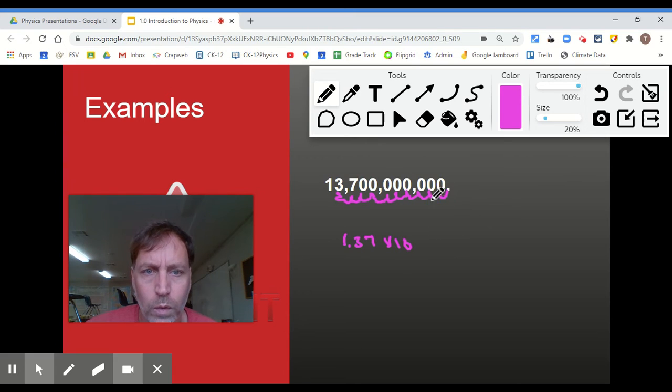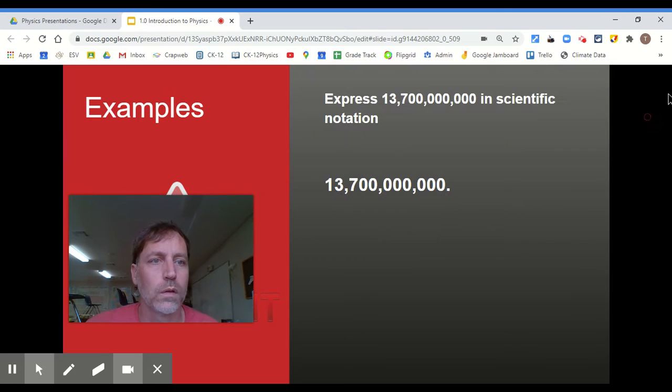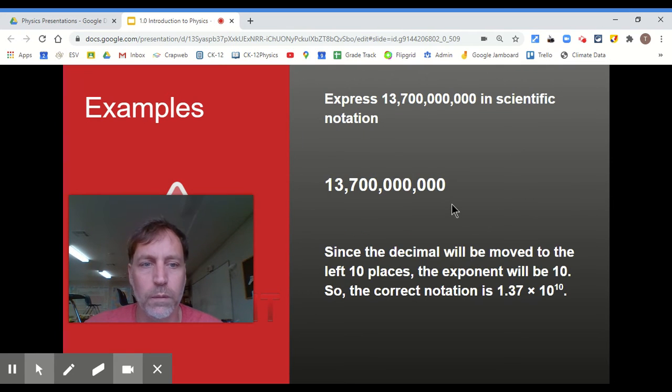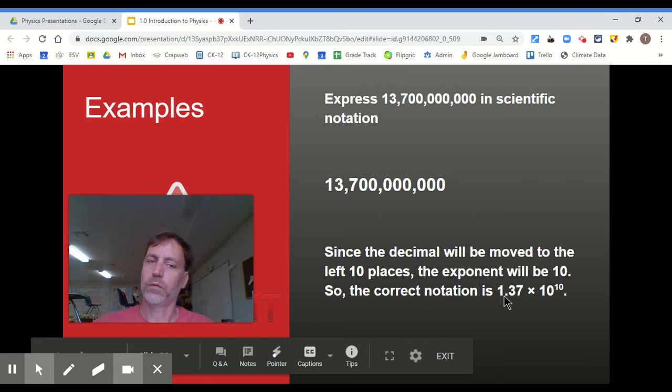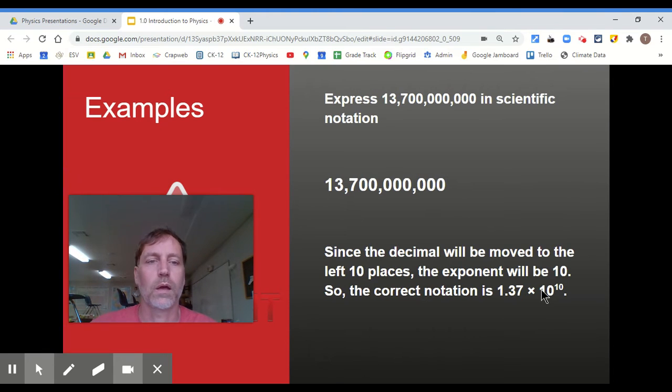I forgot. 1, 2, 3, 4, 5, 6, 7, 8, 9, 10. Times 10 to the 10. So that's what our scientific notation would be. This would be 1.37 times 10 to the 10 because we moved it 10 times.